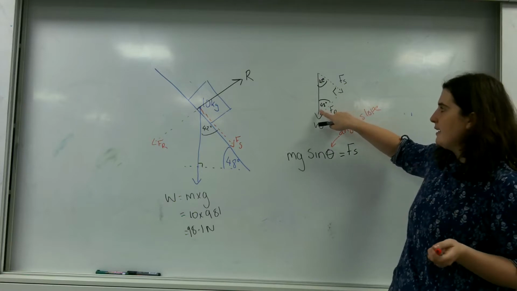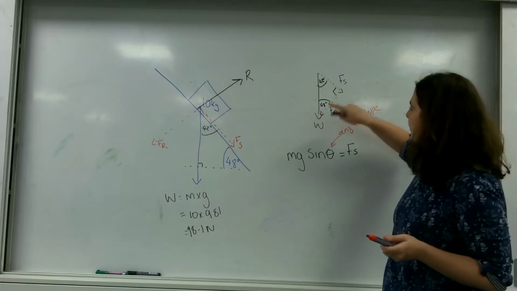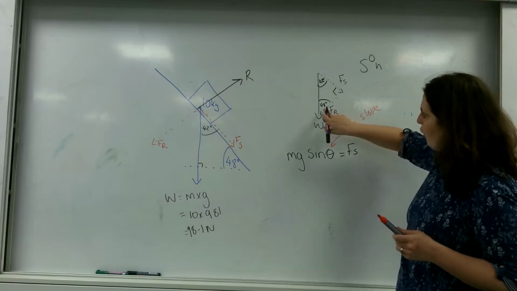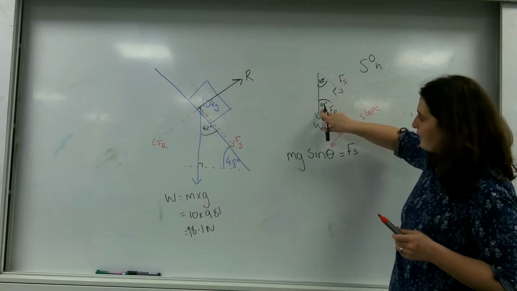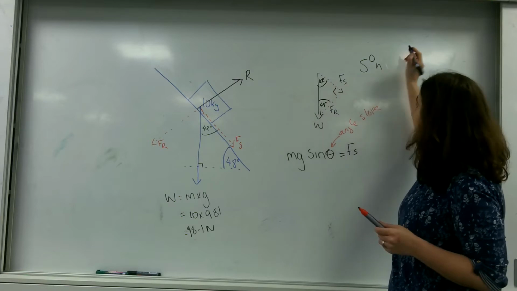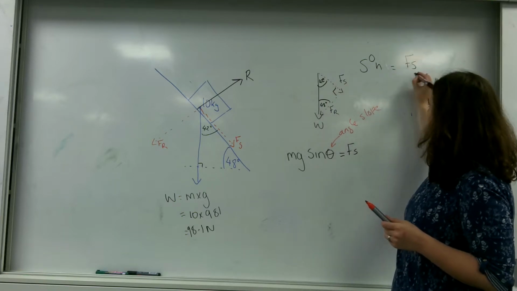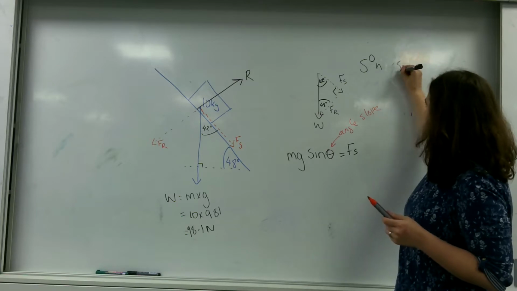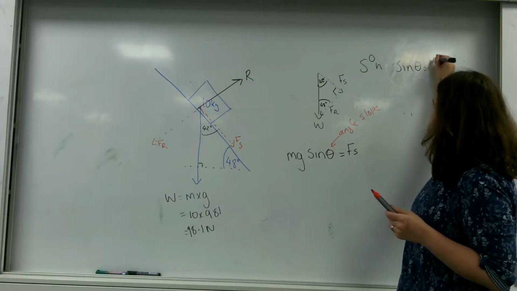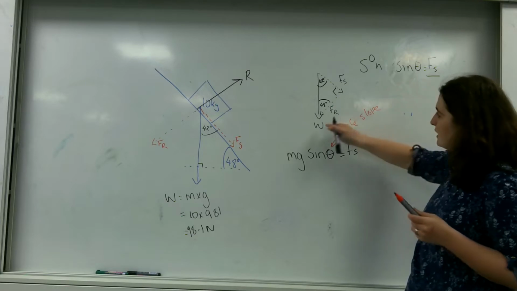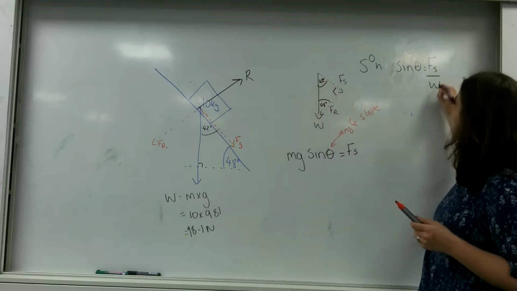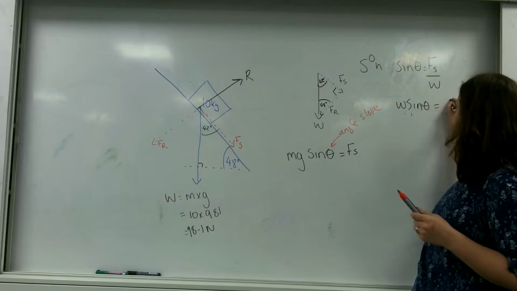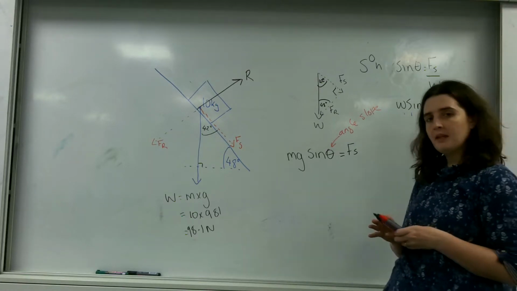This 48 here is my angle of the slope. Sine is opposite over hypotenuse. So the opposite of the angle of my slope is Fs, so sine theta is Fs divided by my hypotenuse, which is the weight. So the weight times sine theta equals Fs.